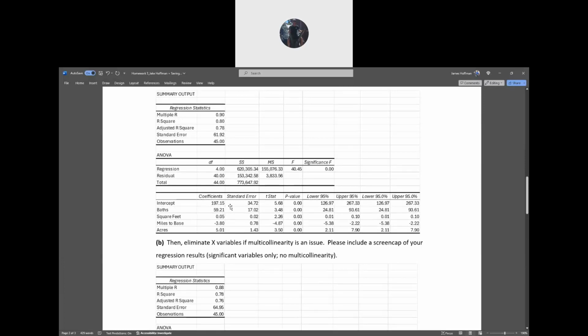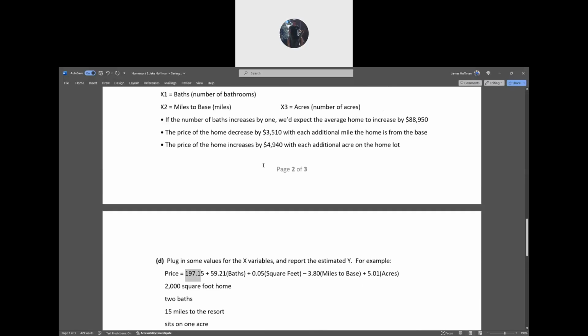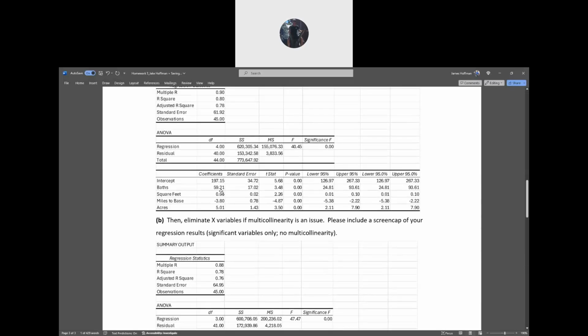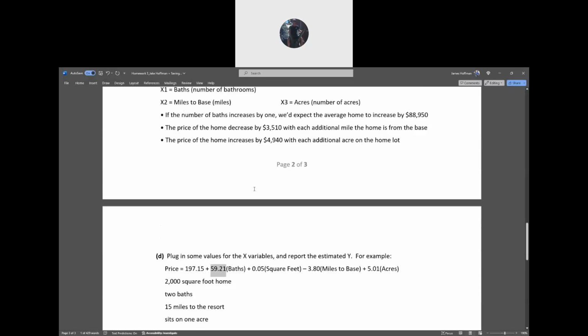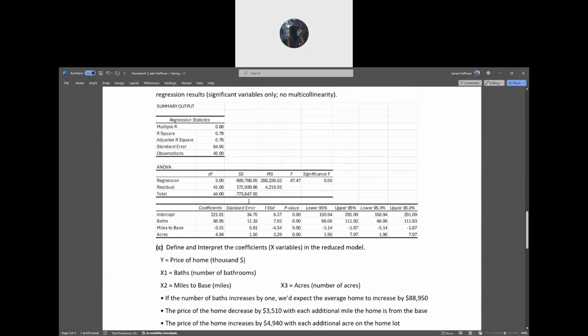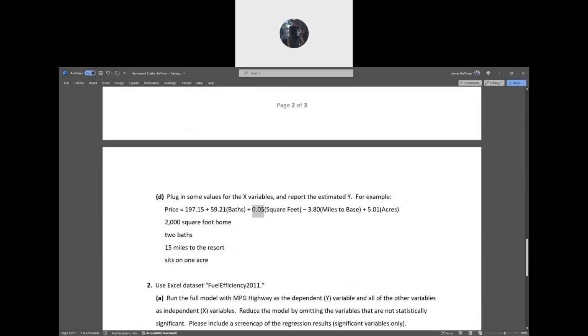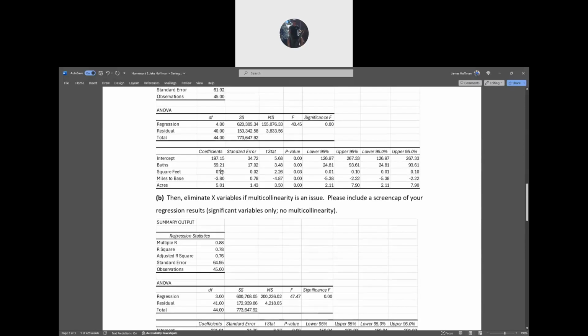So this is the effect of baths, square feet, miles to base, and acres. 197.15 is the intercept. The effect of baths on price is 59.21. The effect of square feet on price is 0.05. The effect of miles to base on price is negative 3.80.